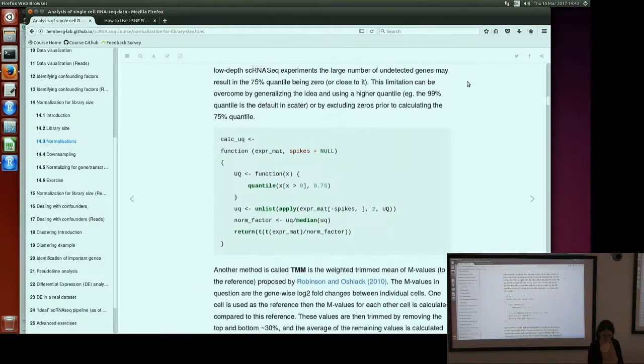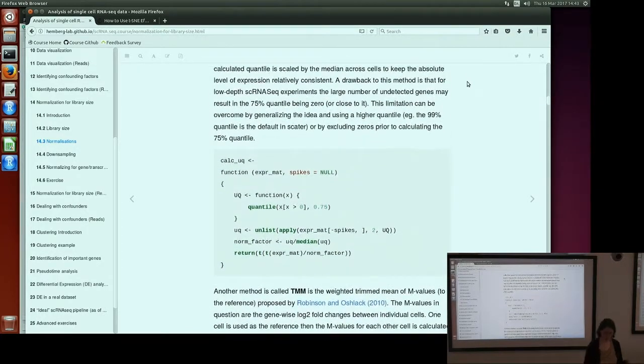So some people will just take the 75th quantile of the non-zero values in each cell, which can improve this, or you can use a higher quantile, such as the 99th quantile, which is the default in Scater, to avoid this problem of sometimes getting a 0 for your normalization factor.